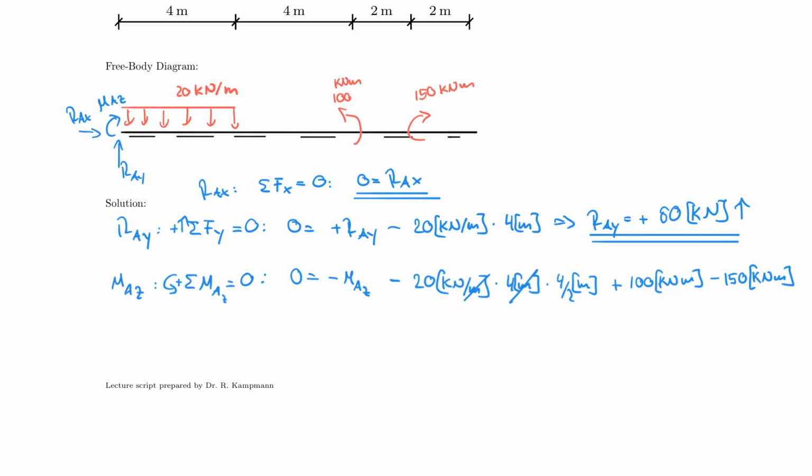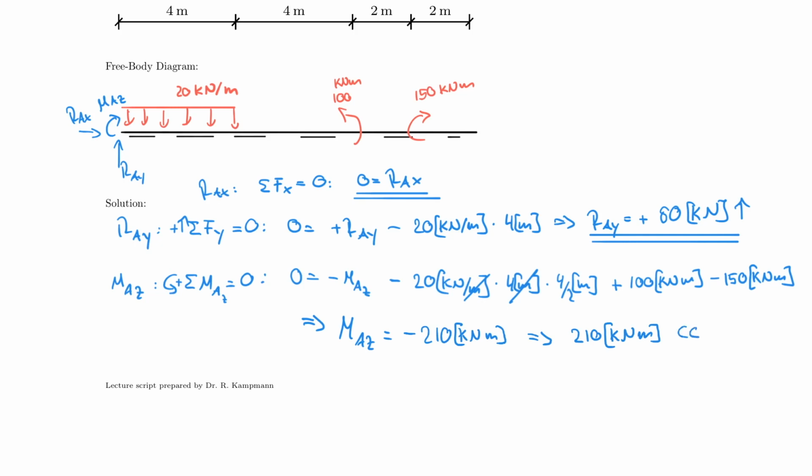Last thing for us to do is to find the answer to MAZ, which in this case comes out to be negative 210 kilonewton meter. So in other words, my MA about Z is actually 210 kilonewton meter, and that rotates counterclockwise, right?